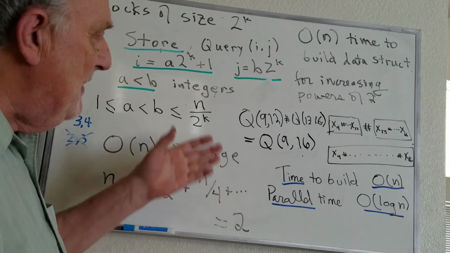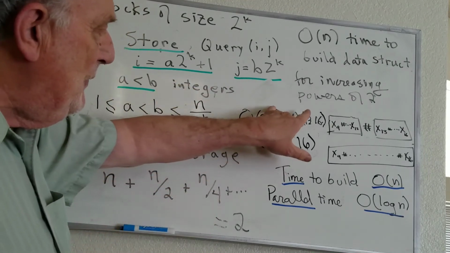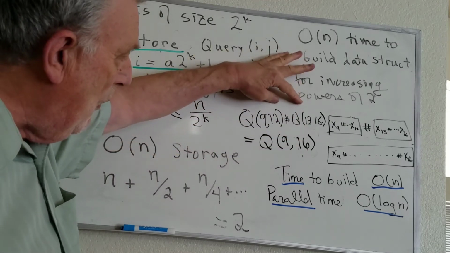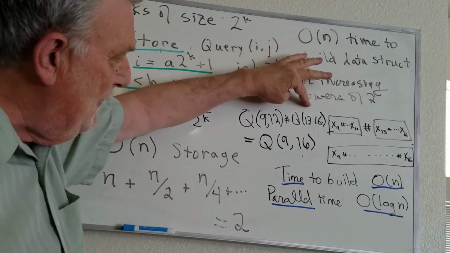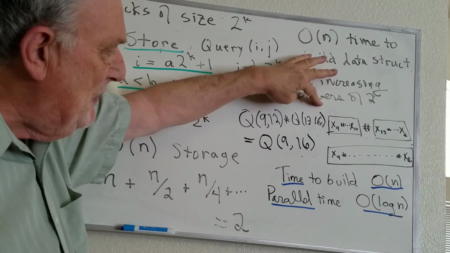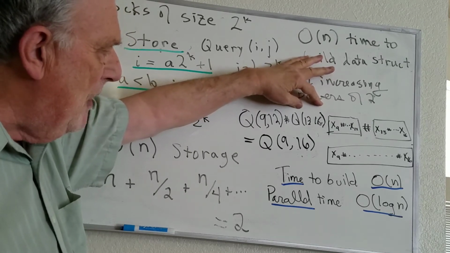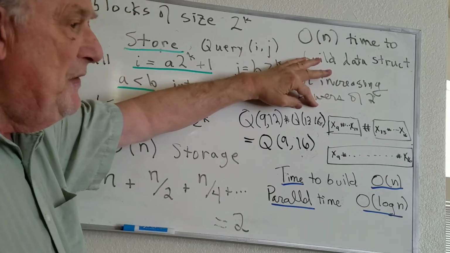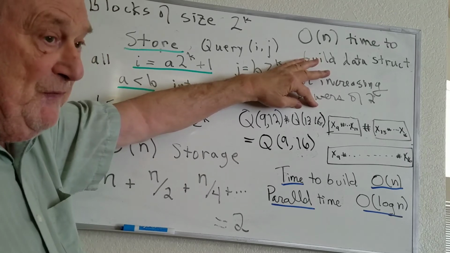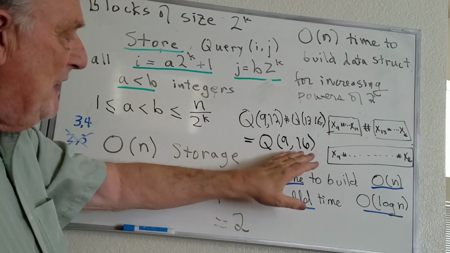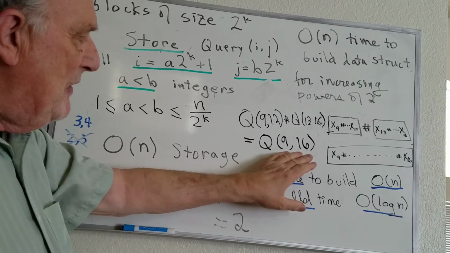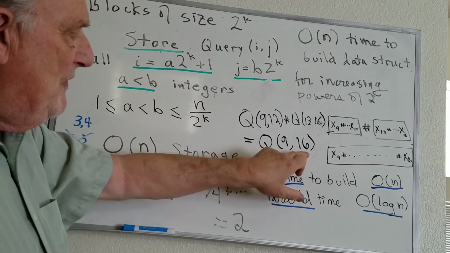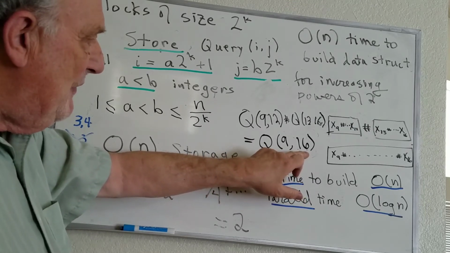Now here's an example to show you. Here are 2 blocks of size 4 each, 9 to 12 and 13 to 16. Remember, the blocks of size 4 are only stored if the second number is a multiple of 4. Likewise, blocks of size 8, such as this one, are only computed if the second number, j, is a multiple of 8.